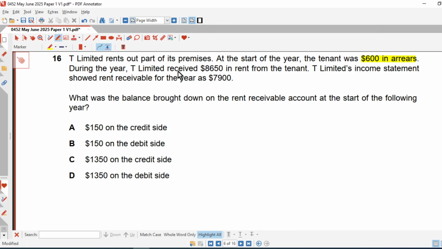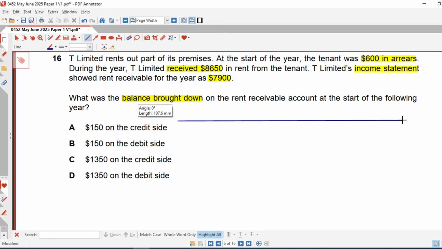During the year, T Limited received $8,650 in rent from the tenant. T Limited's income statement showed rent receivable for the year as $7,900. So what was the balance brought down on the rent receivable account at the start of the following year?